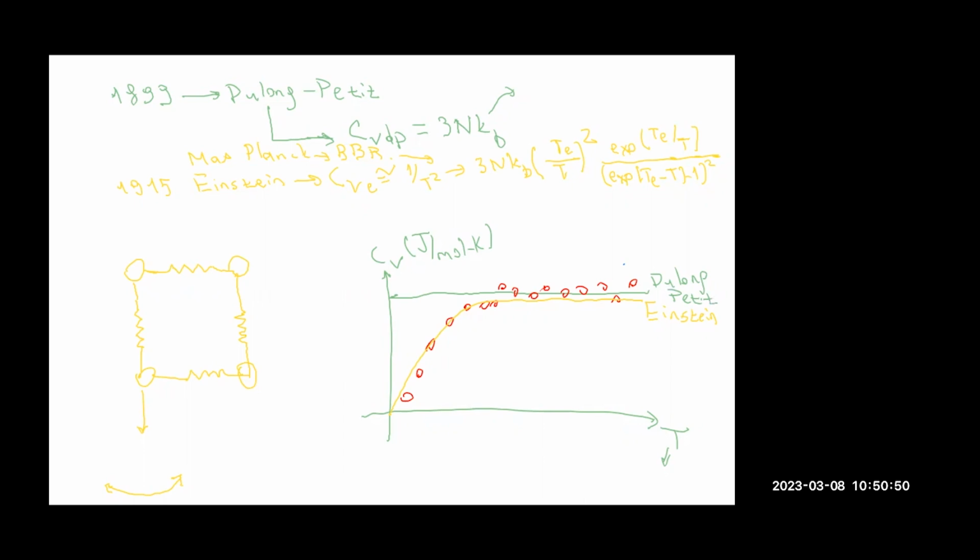But Einstein also had some mismatch between experimental values and numerical values. Then another scientist came into the picture, and he said, wait a second, the atoms are not individual. Once they vibrate, they also affect the neighbor atom.